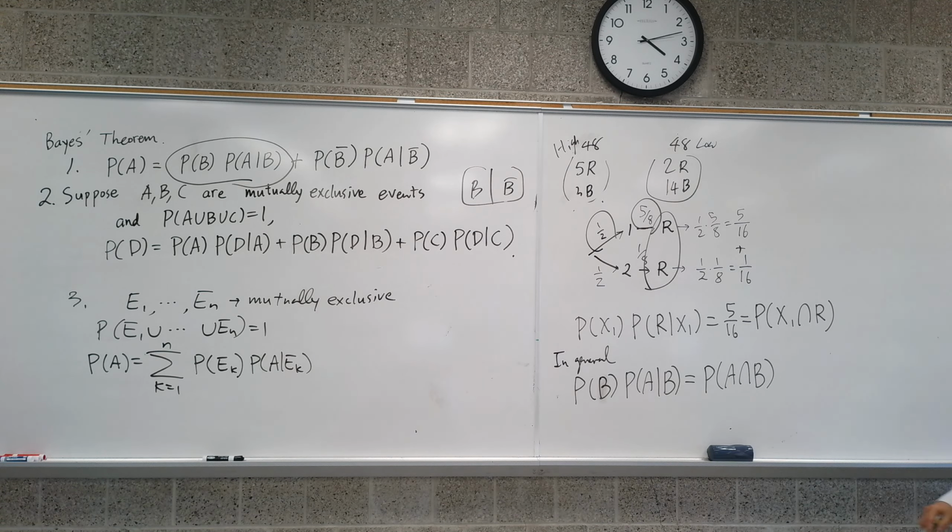Okay? Now, you can do several different examples and see this is always true. And this is more exact than my previous comment where, if you select by stages, you have to multiply.